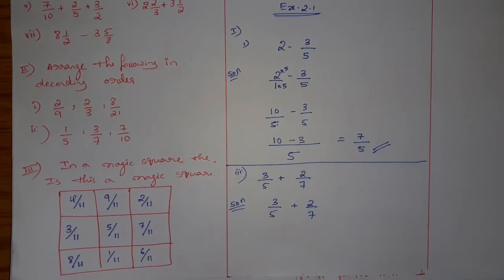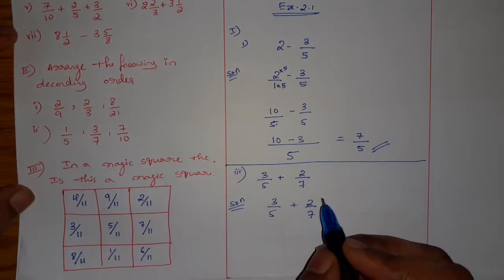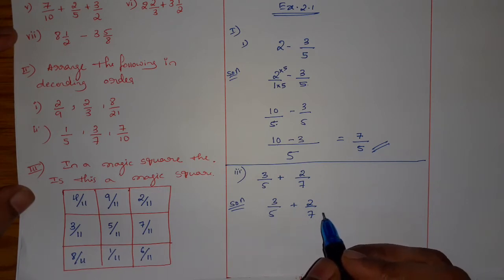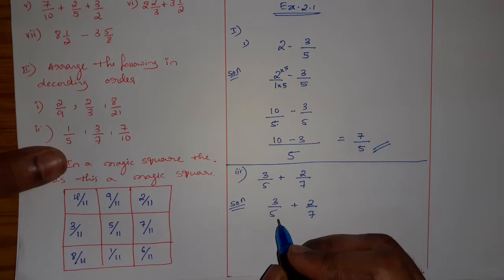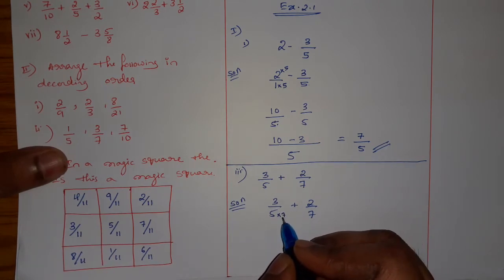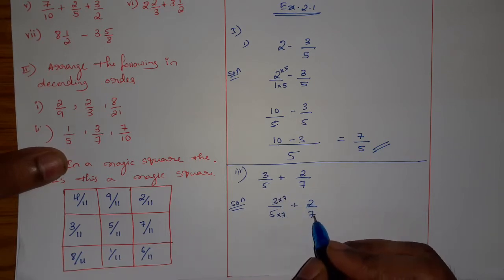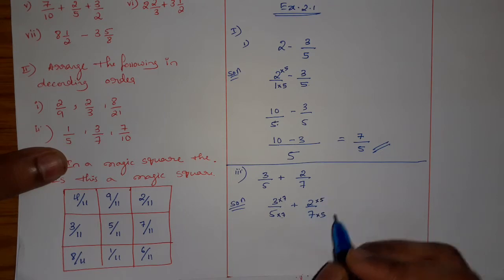So I will multiply by 7 here. What I multiply in the denominator, the same thing I should multiply in the numerator as well, 7. To make this 35, I multiply this 5 here, and the same 5 I am going to multiply here.